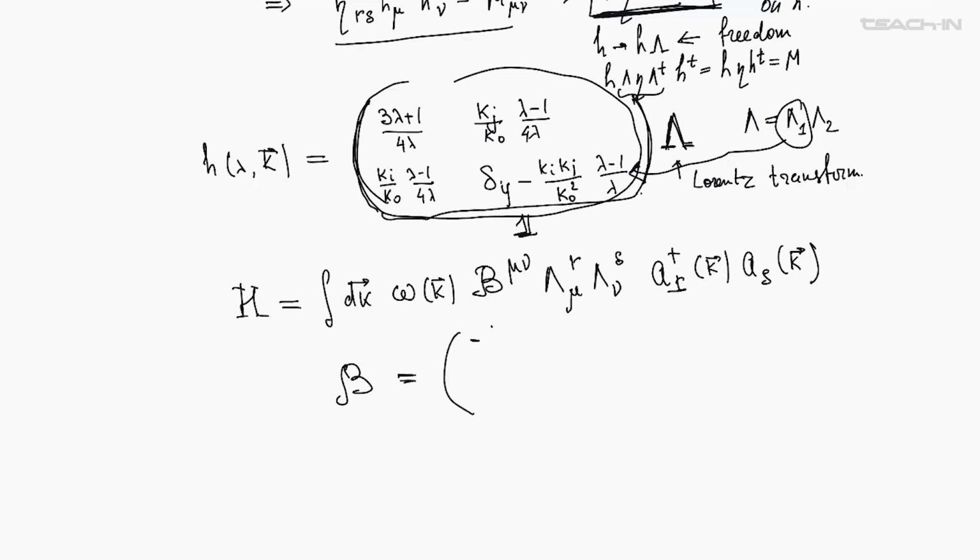So minus K_i divided by K_0 times (lambda minus 1) over 2 lambda. Here minus K_i over K_0 times (lambda minus 1) divided by 2 lambda. Delta_ij plus K_i K_j divided by 2 K_0 squared times (lambda minus 1 over lambda). And this is how it looks.